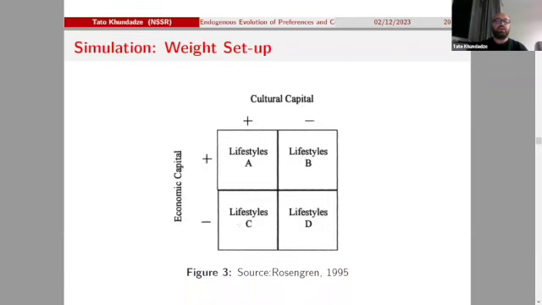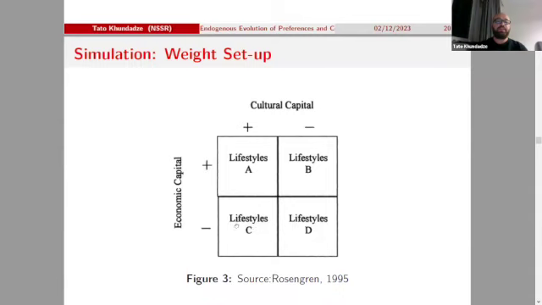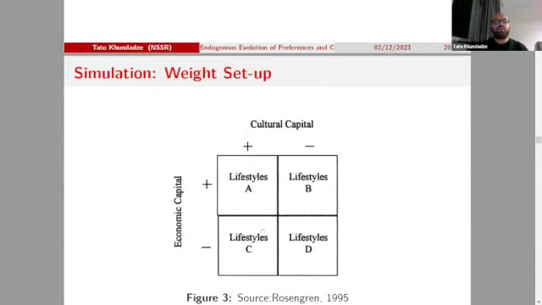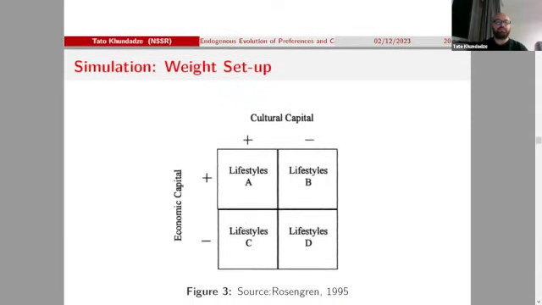And then we have a person who has high cultural capital and low economic capital. These are consumers like us, like academics, who in the weight matrix will pay lower attention to what other people consume, right?